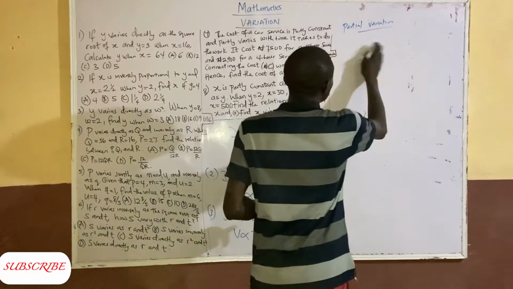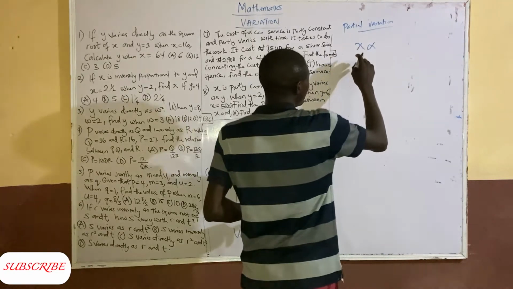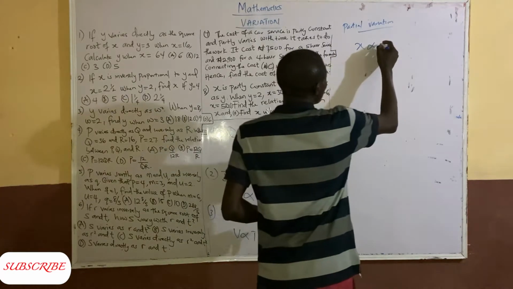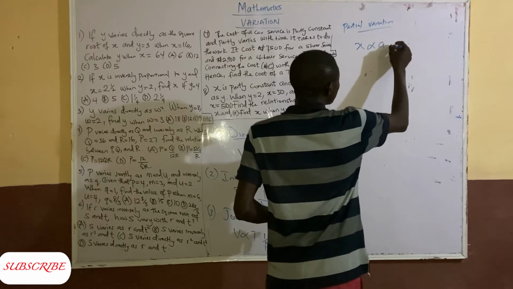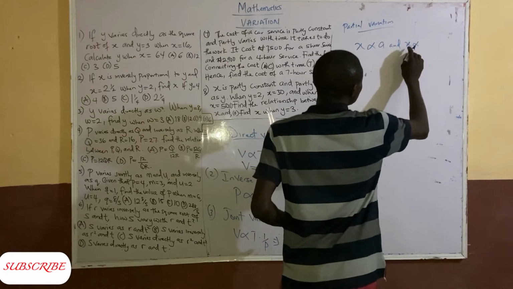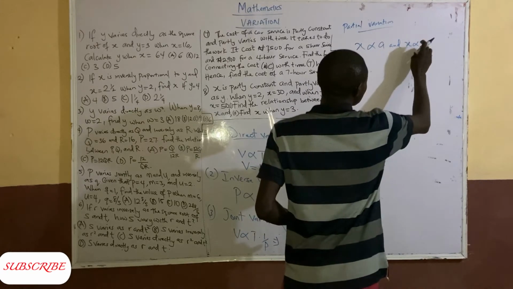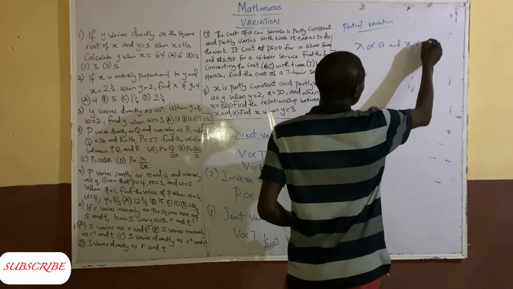For instance, if I have s partially varies with constant a, and s partially varies with another variable which you call y.